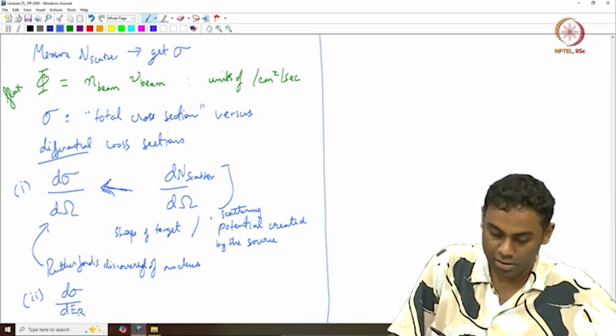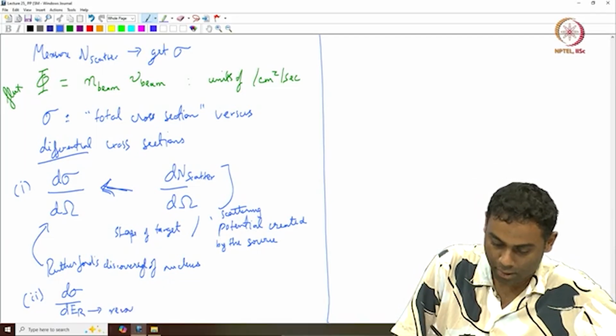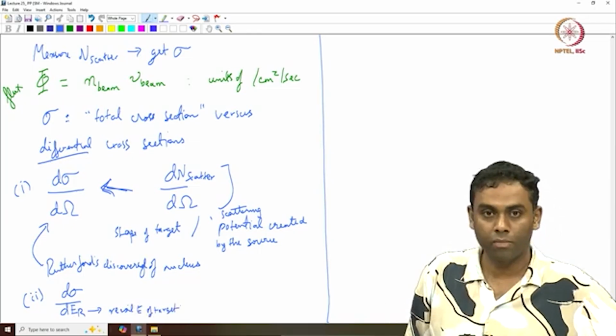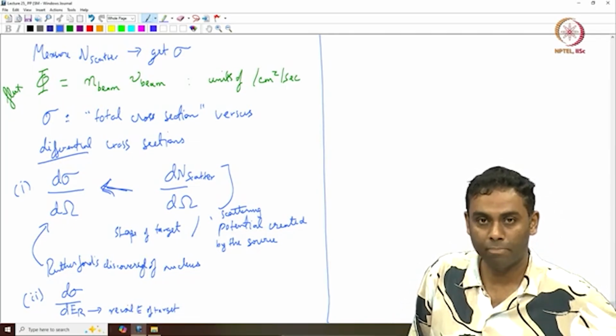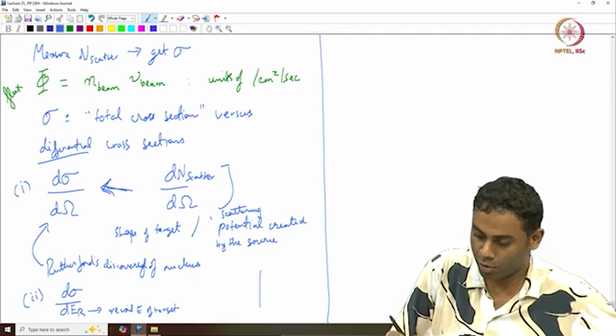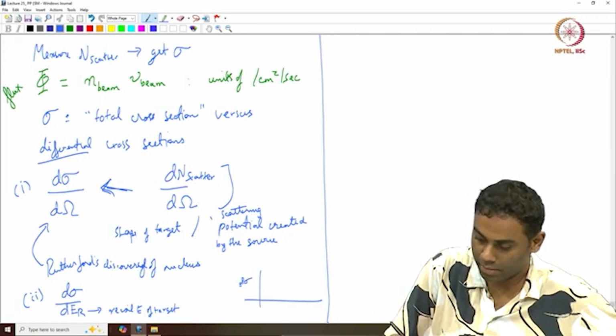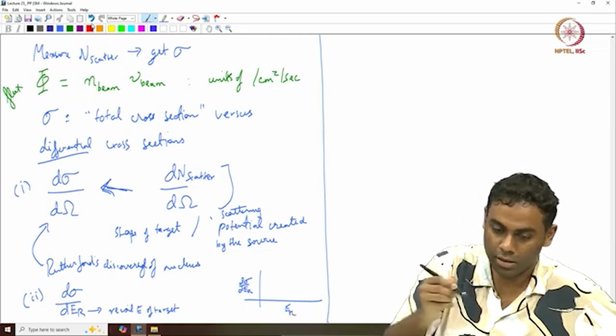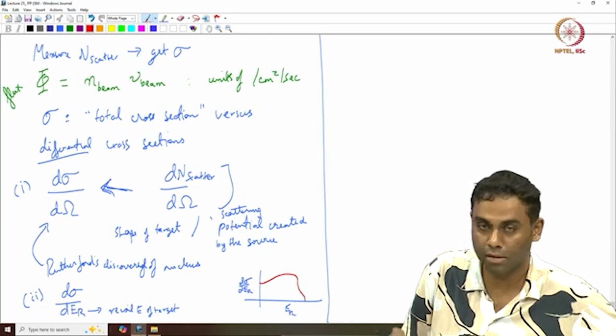The recoil energy of the target. How would this be useful? So, if you were to plot this versus recoil energy, and then you had a curve like this, let's say.